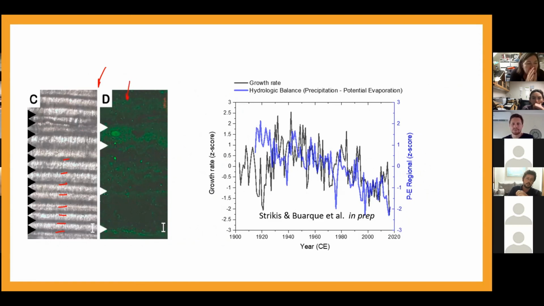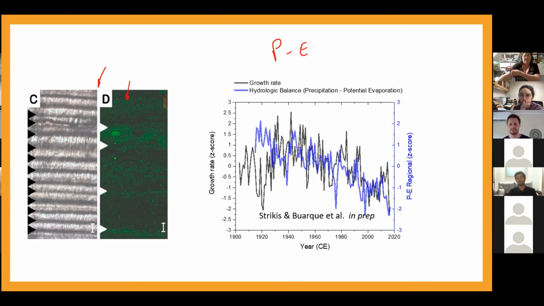That means that probably there's a lot of organic material here in these layers. But anyway, if we compare the growth rate here in black with the regional precipitation minus evapotranspiration potential, that is basically a function of temperature, or we can do it even more simply, we can compare precipitation minus evaporation demand.